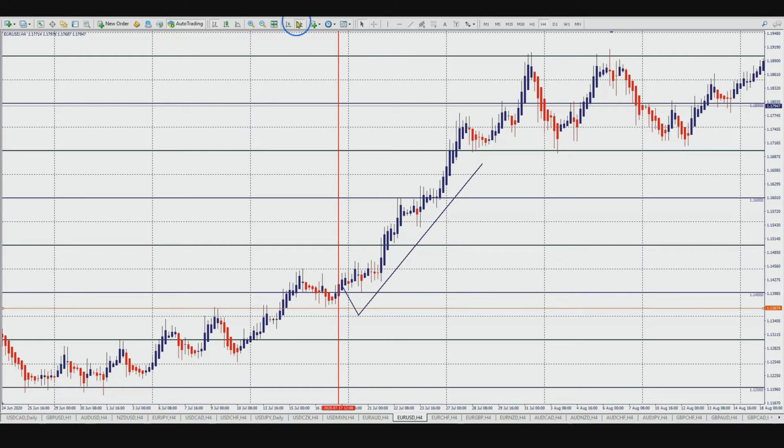What if that would have happened? Would I technically be wrong in my analysis, or would I be wrong in my stop loss placement? Of course, I would have just been wrong in my stop loss placement. And I know, that's just what trading is a lot of the time.